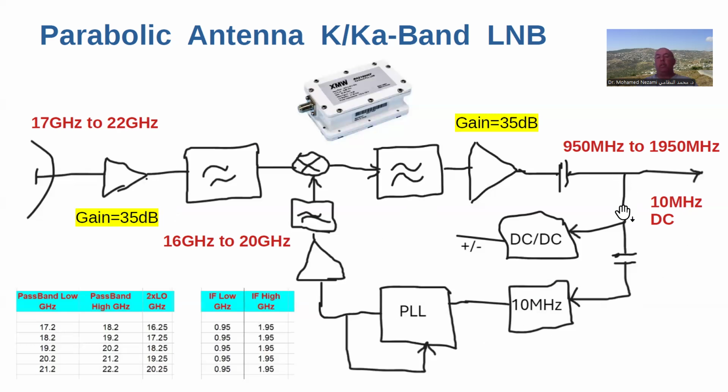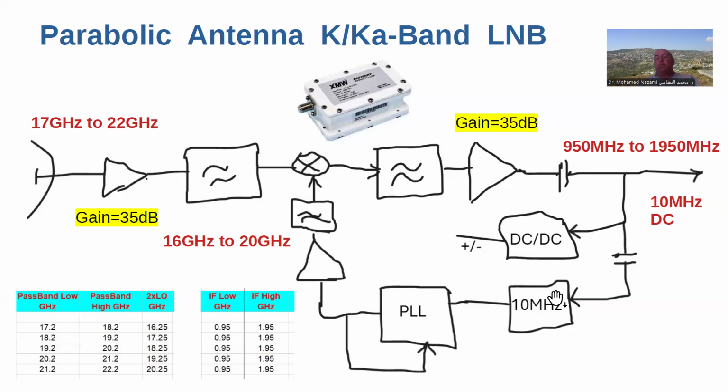Along with the DC, we also send up the 10 megahertz reference for generating a local oscillator signal that will beat or mix with the incoming signal so you can produce an intermediate frequency, IF, as we call it here. Now, why is 10 megahertz sent up?